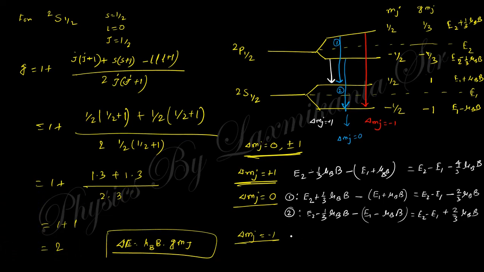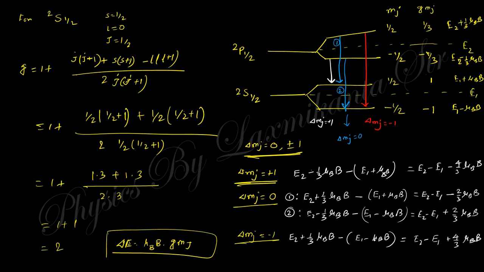Energy gap will be E2 plus 1/3 mu b minus E1 minus mu b. So this gives you E2 minus E1, and this is plus, so this is 4/3 mu b. So finally you will get 4 spectra.